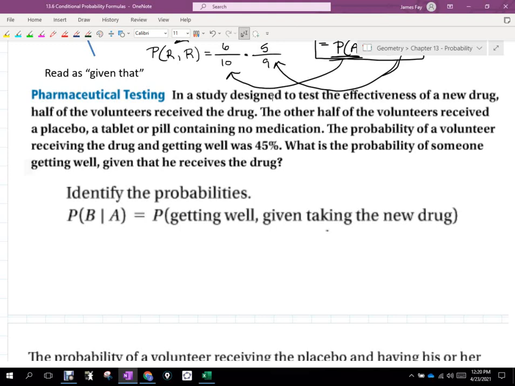Does that make sense? So the psychological impact of thinking that you're taking a medicine that will help you will actually create a chemical response that will help you. So if I have a new medicine and I want to make sure that it's working, I'm going to give it to this side of the classroom. I'm going to give you guys the legit medicine.